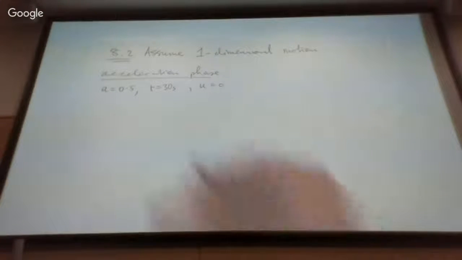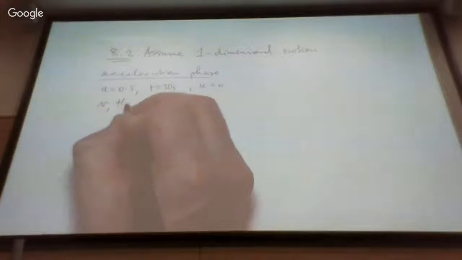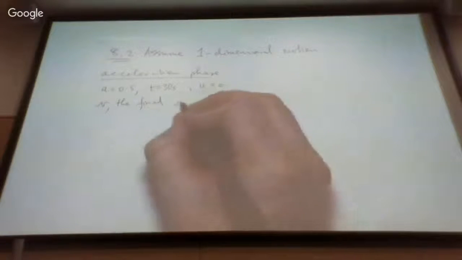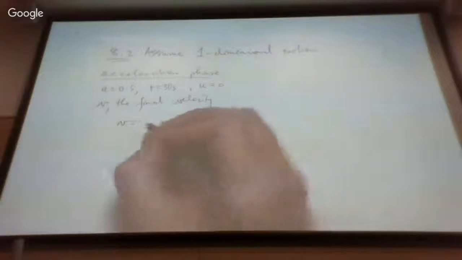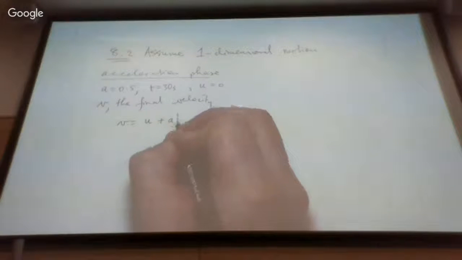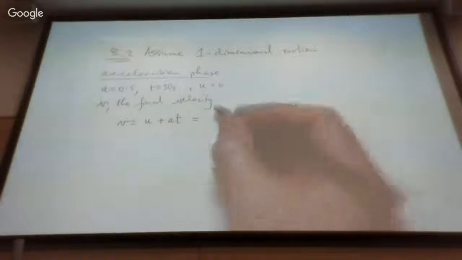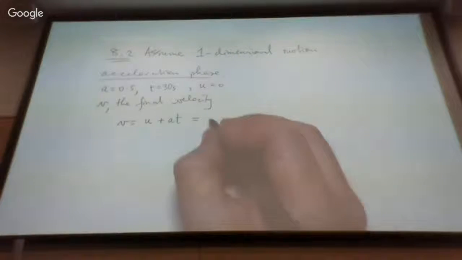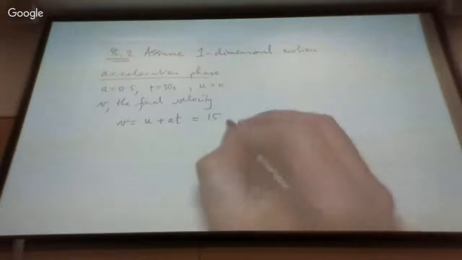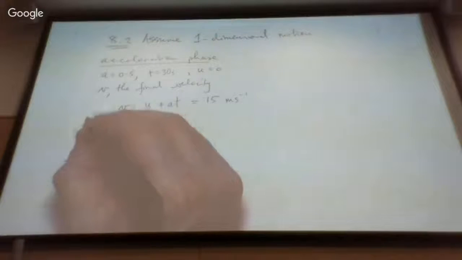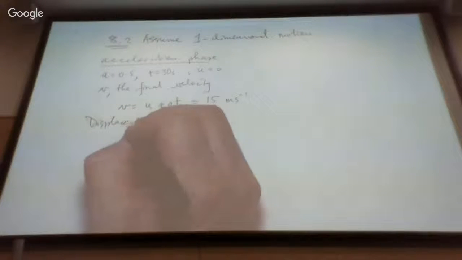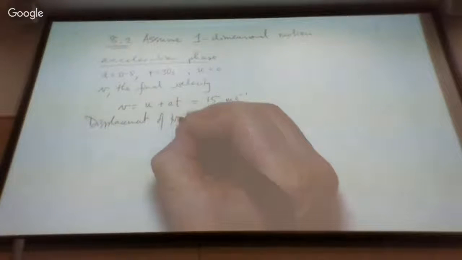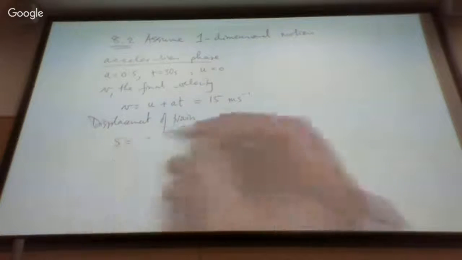And then v, the final velocity at the end of this acceleration phase, is given by v is u plus a times t. Well, u is 0, a is 0.5, so v should be 15 meters per second. And the displacement, the distance the train has traveled, is given by s.